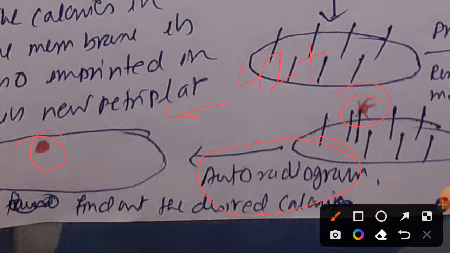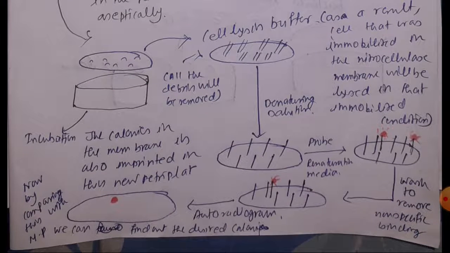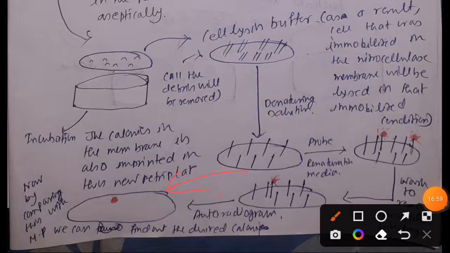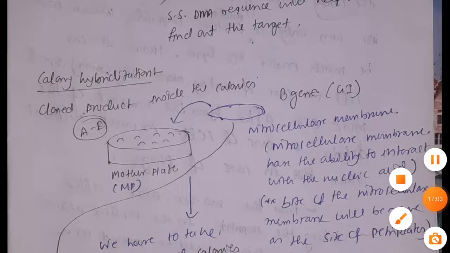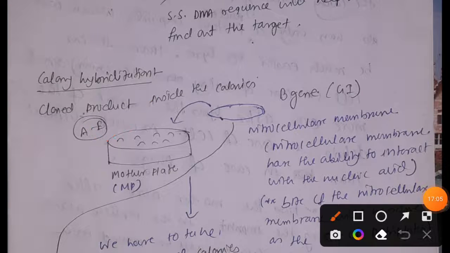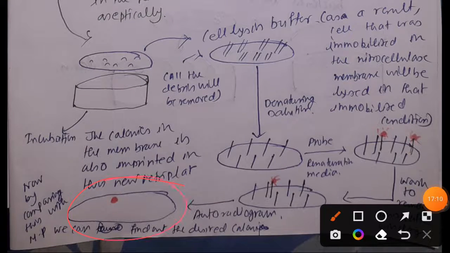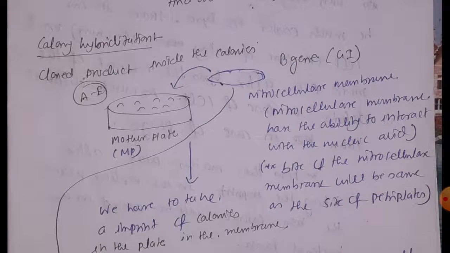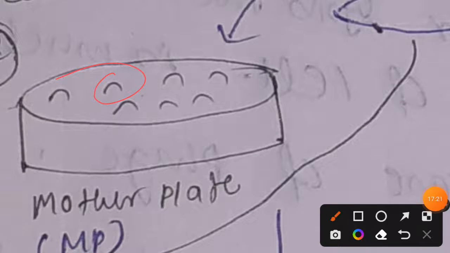Now after that, we compare the result that we have obtained in our nitrocellulose membrane, or in our autoradiogram, with our mother plate. As here our DNA is in immobilized condition, by comparing the position we can easily find out which colonies contain that particular gene of interest.